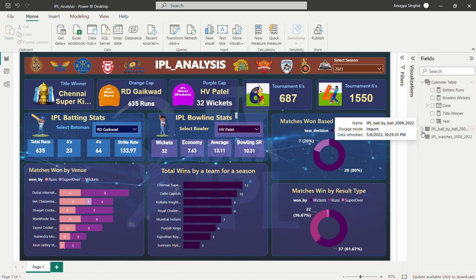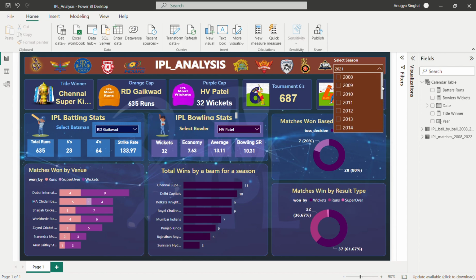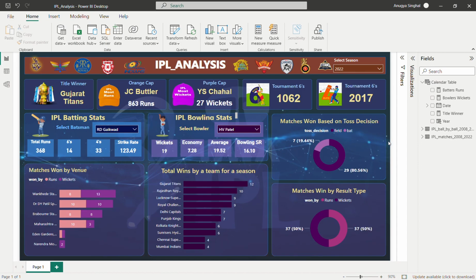As you can see, this is the season of the IPL played by all the teams. We are talking about the recent years, so this is the year 2022.